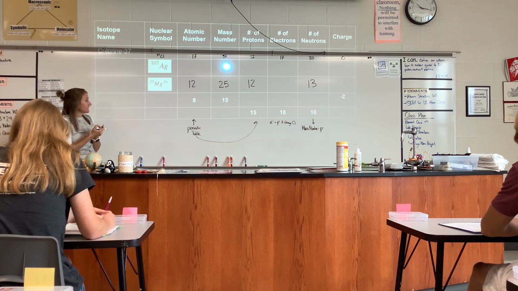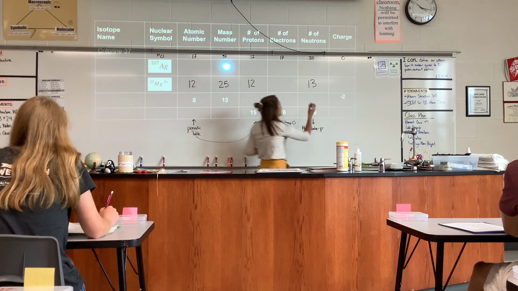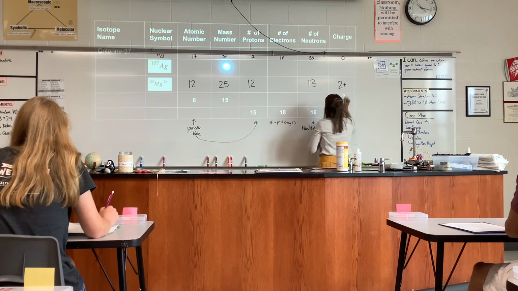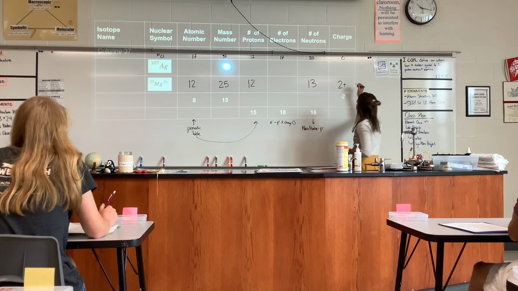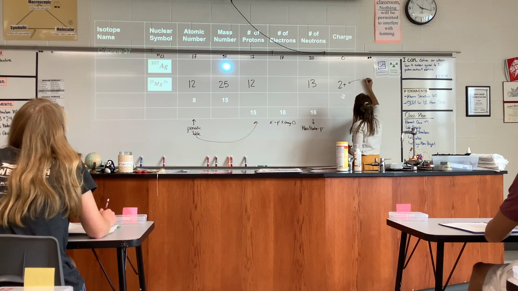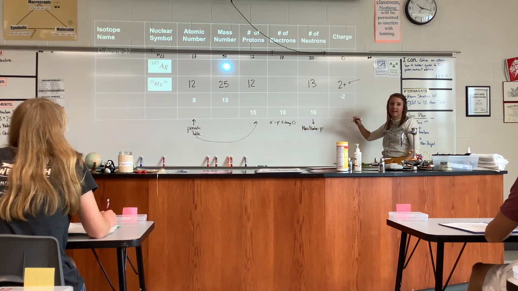Okay? The symbol's telling me that this atom has a 2 plus charge, or positive 2 charge. So it's not neutral. The way I think about it, go ahead, Grant. Does that mean that there's just 2 less electrons? Yes. Or 2 more protons, however you want to think about it, right?